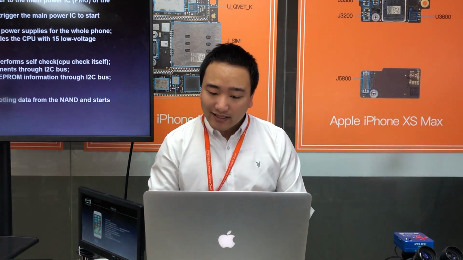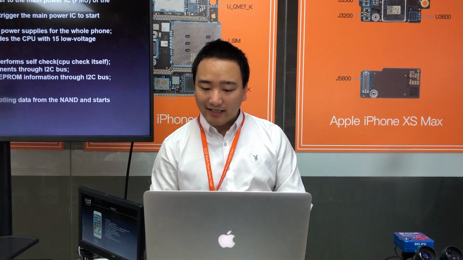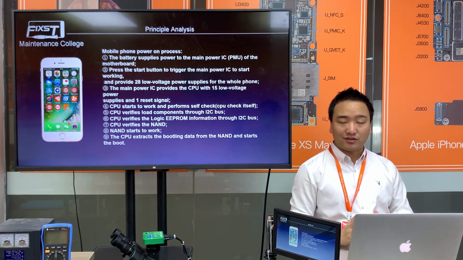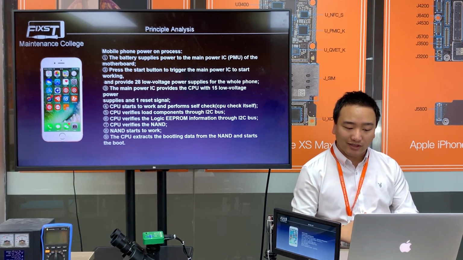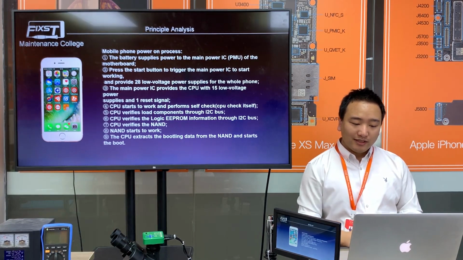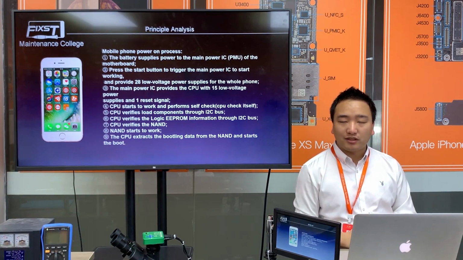After the CPU has the power and the signal, and the CPU itself has no problem, the CPU will start to work. When the CPU starts to work, the first thing it needs to do is check itself, whether the CPU itself has a problem or not. After that, the CPU will check the other ICs and components in the motherboard, because the motherboard has a lot of components, ICs, resistors, capacitors and others, and those components cannot be integrated in the CPU.